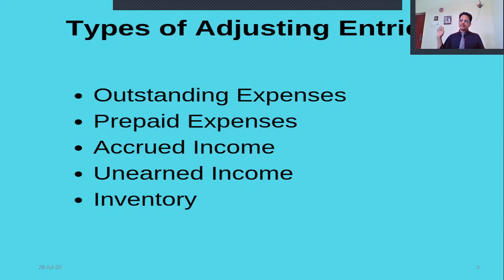So what is the entry? Debit prepaid rent, credit cash, 6,000 riyal. That is the journal entry. So debit prepaid expense and credit cash. Cash is going out. Prepaid rent or prepaid expense is an asset. Debit, increasing your asset. It's a current asset.